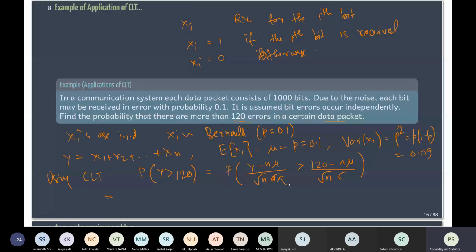So this is 1 minus the probability that (Y minus n mu) by square root of n sigma is less than or equal to (120 minus n mu) by square root of n sigma. Because this is standard normal, I can write 1 minus phi of this quantity.